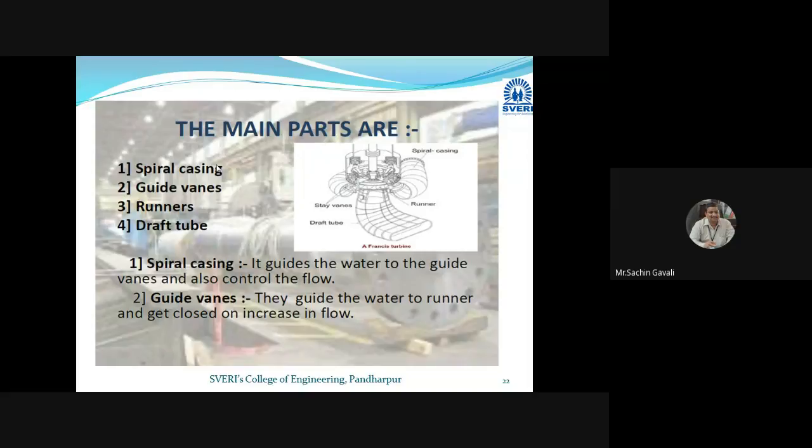Okay. Good. Good Swaz. So water flows in through the center, and afterwards it flows radially outward. So this is called an inward flow reaction turbine.